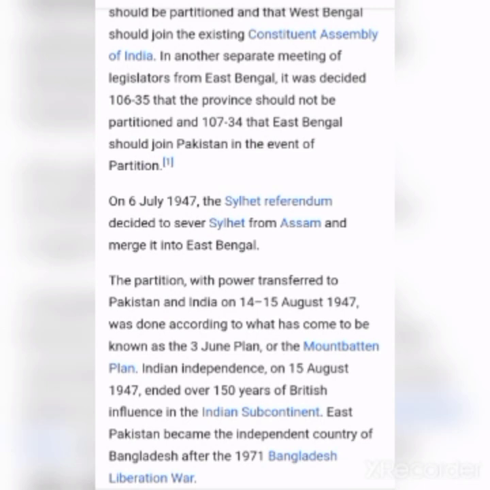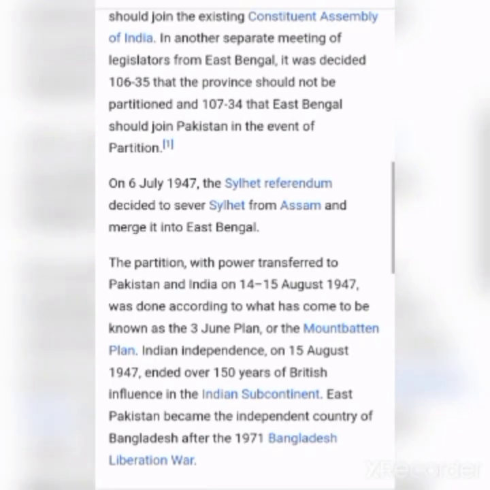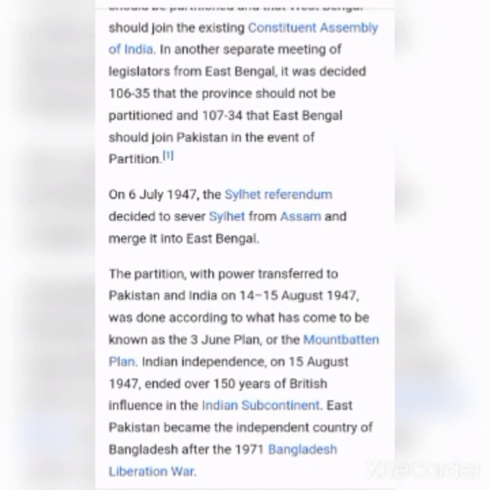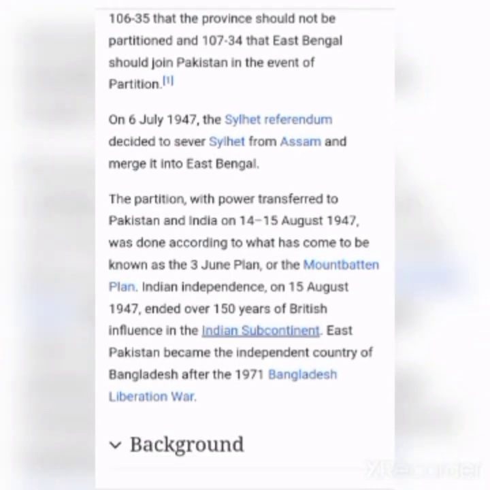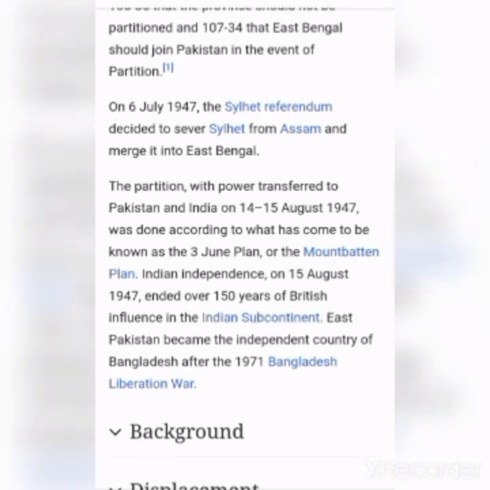On 6 July 1947, the Sylhet referendum decided to sever Sylhet from Assam and merge it into East Bengal. The partition, with power transferred to Pakistan and India on 14 to 15 August 1947, was done according to what has come to be known as the 3 June Plan or the Mountbatten Plan.